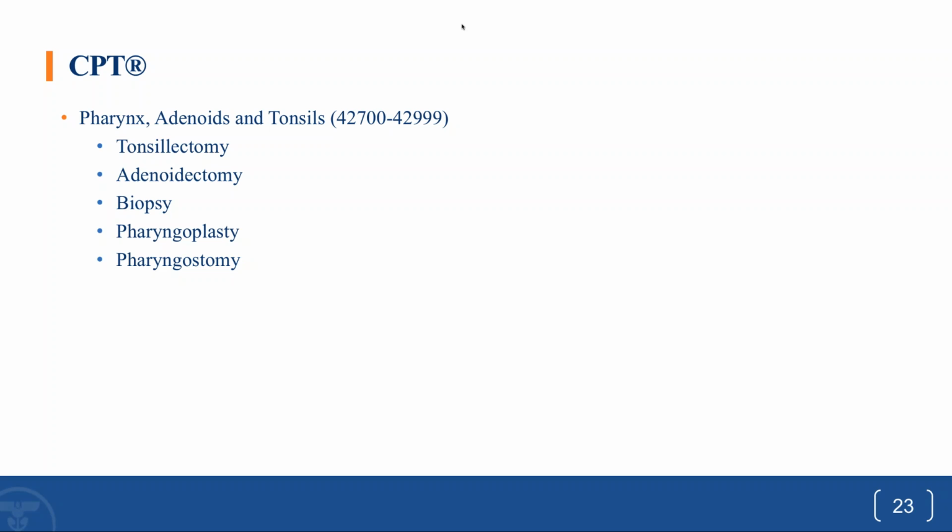Okay. On 42825, we selected that as the answer, which is correct. It says tonsillectomy primary or secondary. What does secondary mean? I want you to highlight secondary, and right on top of secondary, I want you to write the term regrowth.